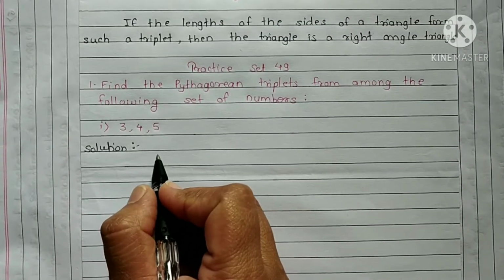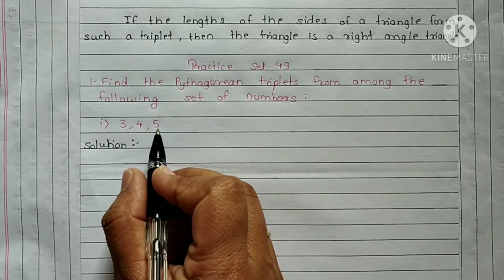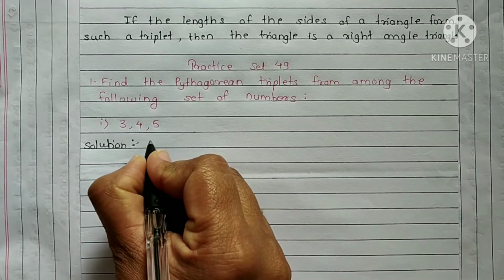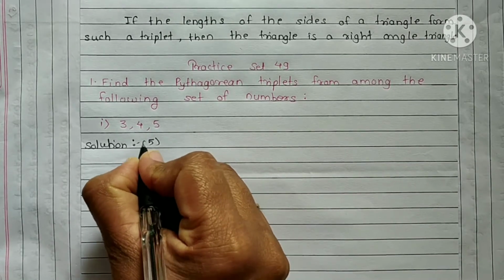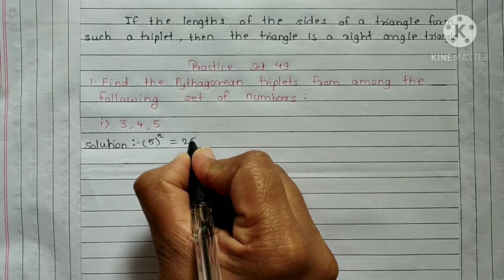First we have to find the square of the biggest number. Here the biggest number is 5, so 5 square is 5 into 5, that is 25.